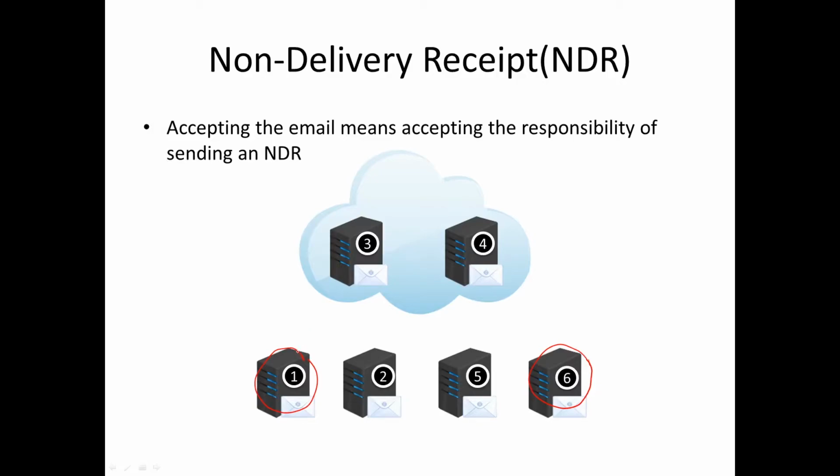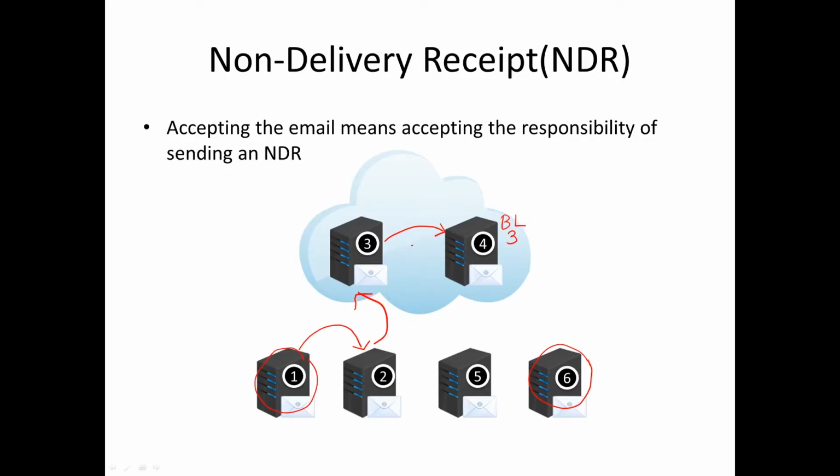Okay, so it will jump from 1 to 2, from 2 to 3, from 3, upon establishing the connection, SMTP server 4 noticed that SMTP server 3 is under its blacklist.